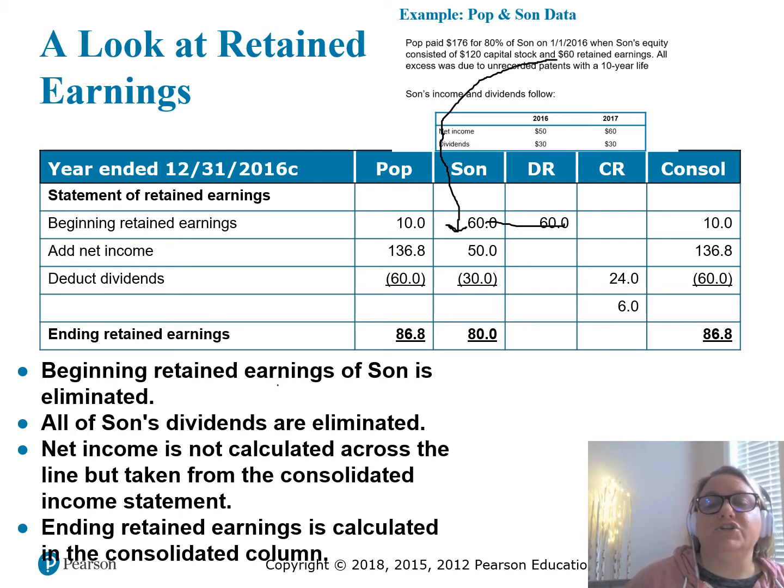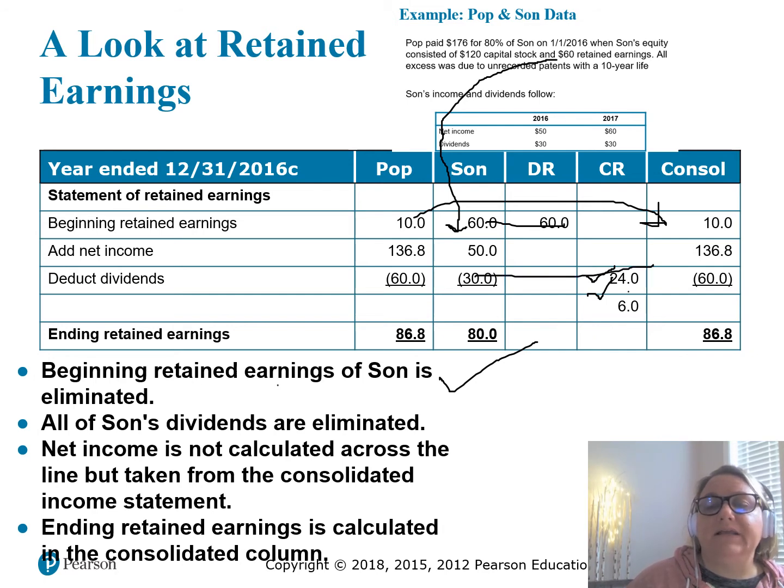The big kicker is we're washing it out. We're only going to show POP's retained earnings in the consolidation. Okay, so beginning retained earnings of Sun is, as we said in the little checklist over here, eliminated. Okay, Sun's dividends. Let's go in here and look at that. You can see right here we have the breakdown, Sun's dividends, parent non-controlling interest breakdown right here, but wash.